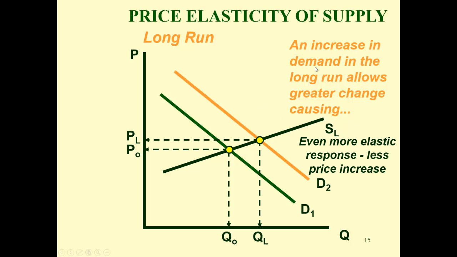That means an increase in demand in the long run allows greater change that causes an even more elastic response and less price increase. So price doesn't go up as much because supply goes up in response to the increase in demand. The producers, sellers have enough time to adjust the supply.